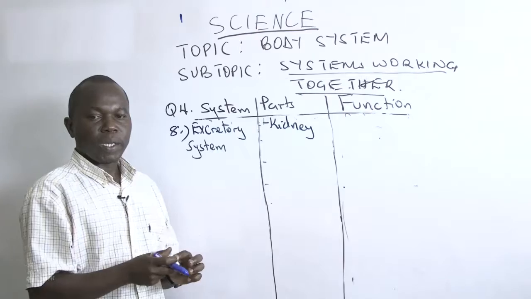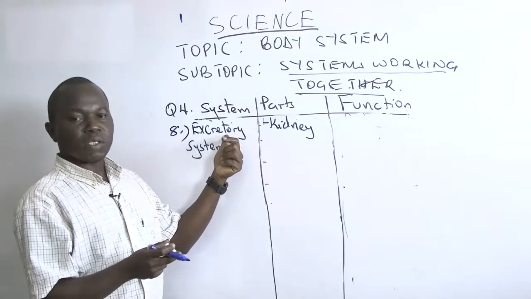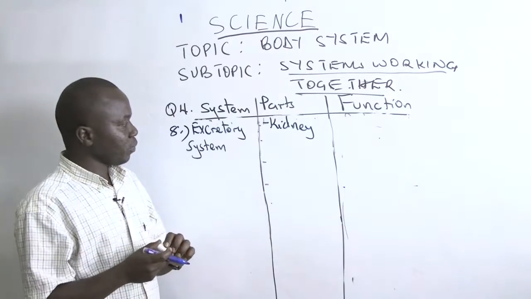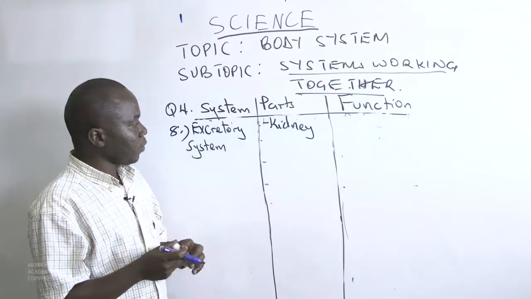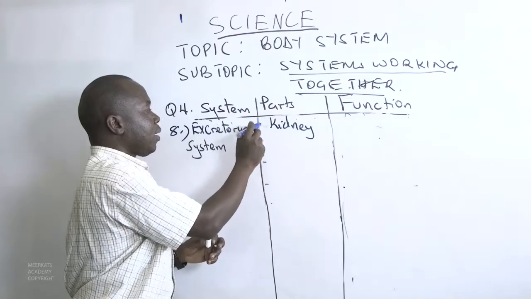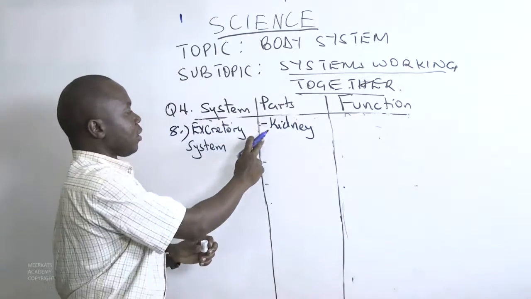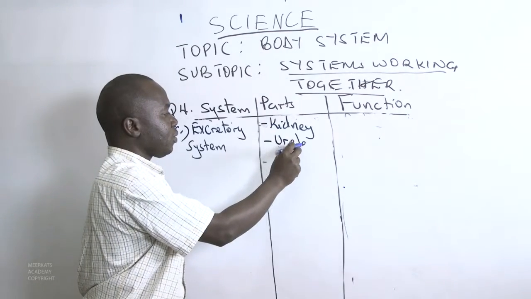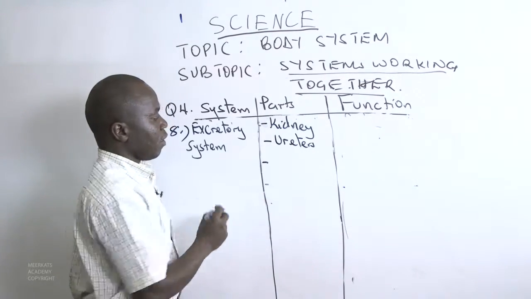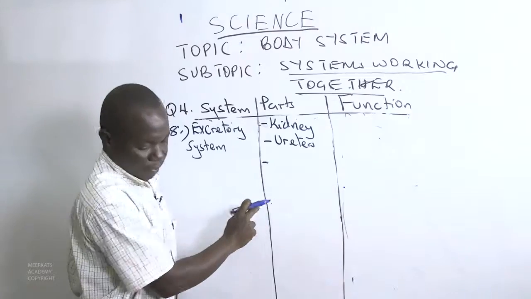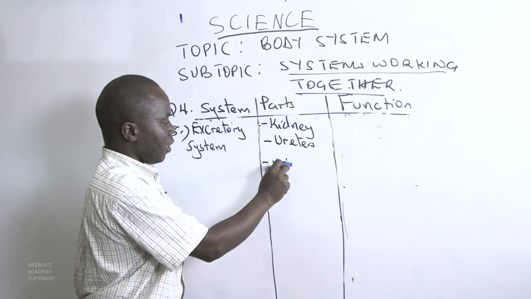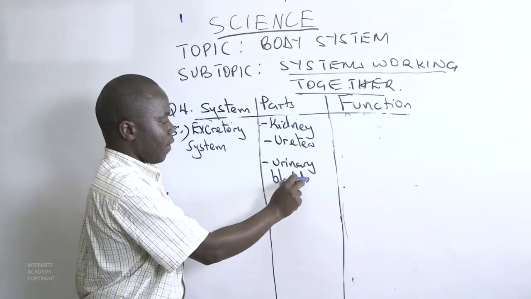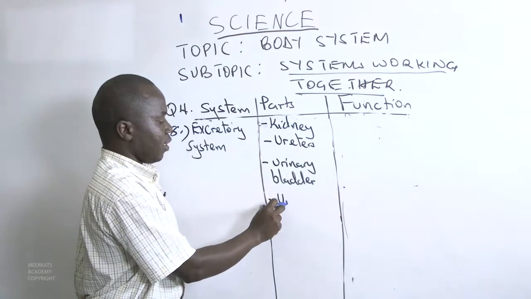That is why when your kidneys fail, your excretory system is interfered with. That's why people are taken to hospitals so that their blood can be cleaned. And then, with the kidneys, we also have apparatus like the ureters. We also have the urinary bladder. And we have the urethra.